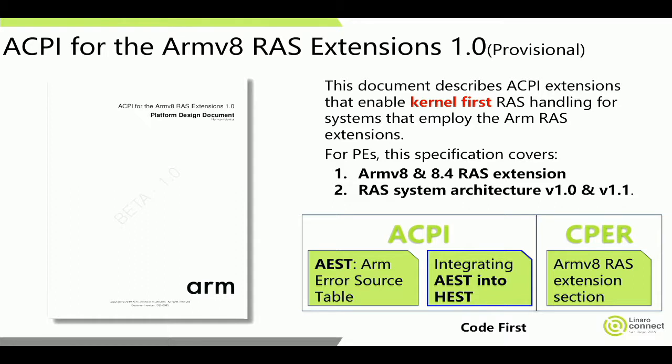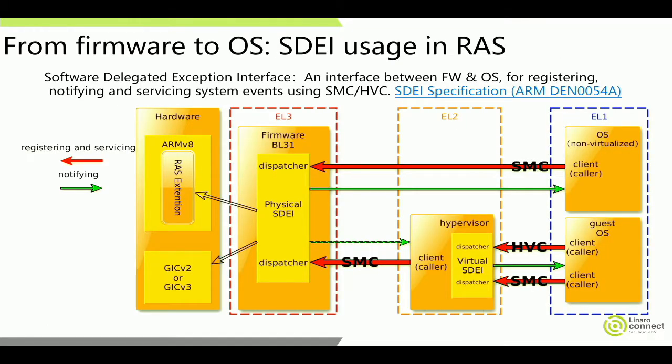the CPER. So we also need an ARMv8 RAS extension section, this definition, this format to describe the error. So this documentation helps us to do the firmware first mechanism. The last part is, actually I haven't really touched it, a mechanism between OS and firmware.